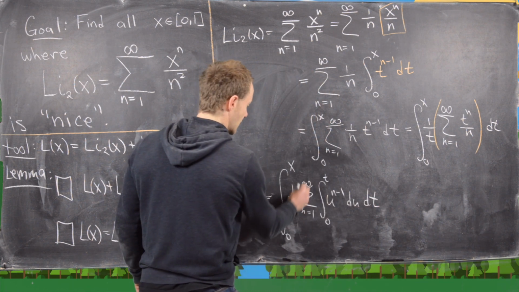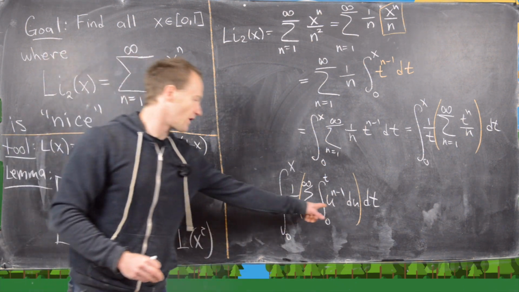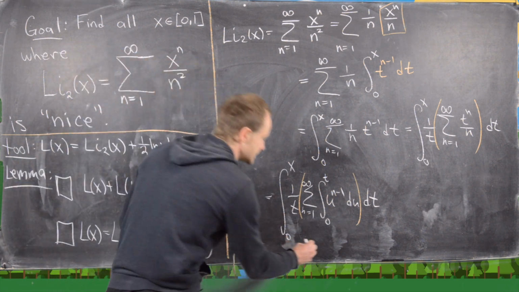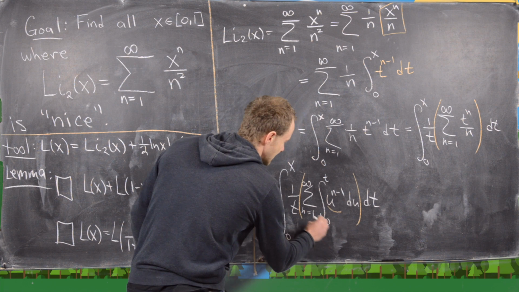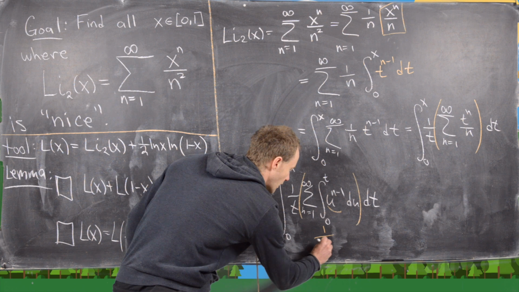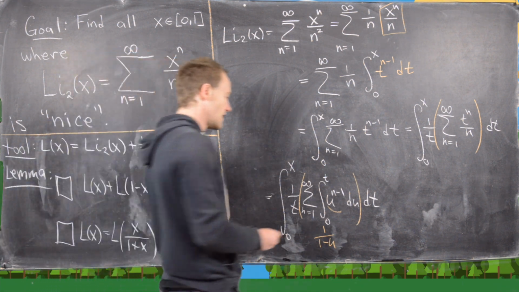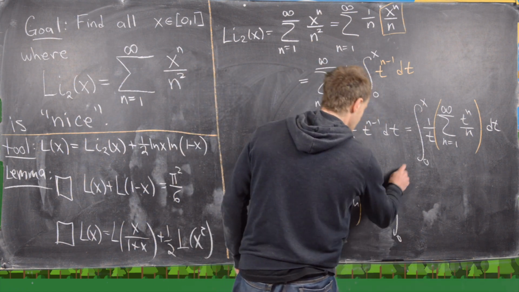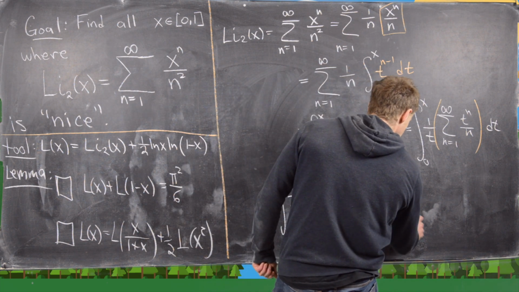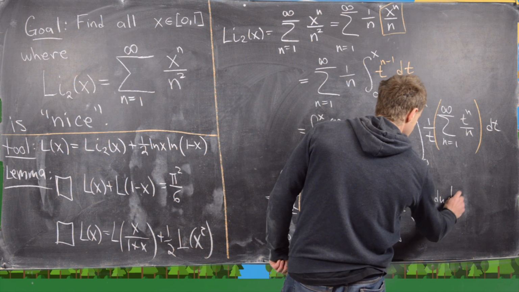But the great thing here is that now this is just a geometric series, so we can bring the sum inside the integral, and we'll get 1 over 1 minus u, because it's a nice geometric series. And so that gives us the integral from 0 to x of 1 over t, the integral from 0 to t of 1 over 1 minus u du dt.